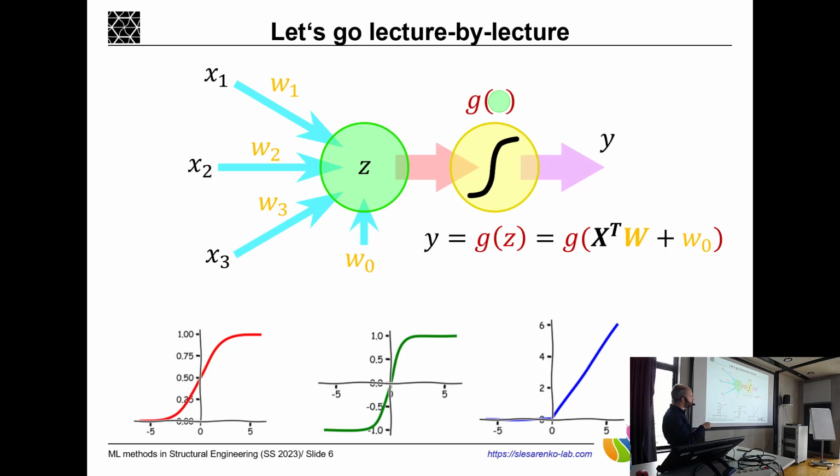If we write it mathematically, we will see this particular way to write it. So y is this nonlinear function of z, where z is a linear combination of x and the weights w, plus bias. And we saw these different functions that we can use as g.